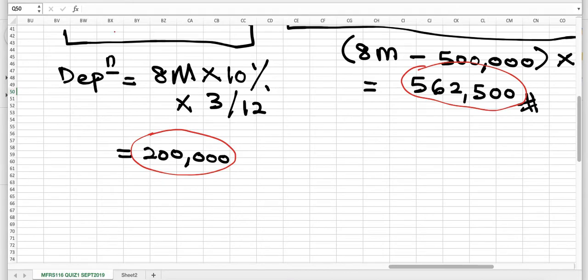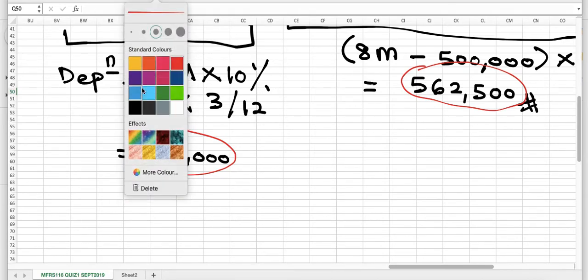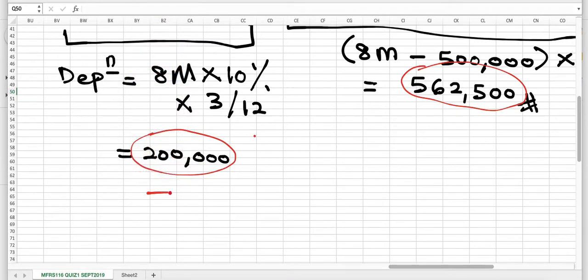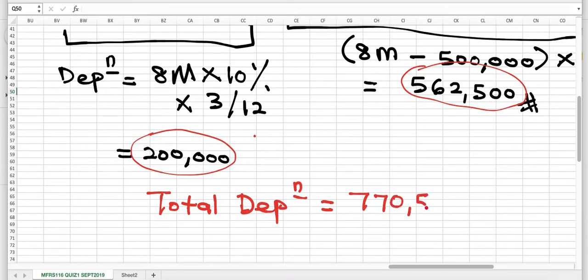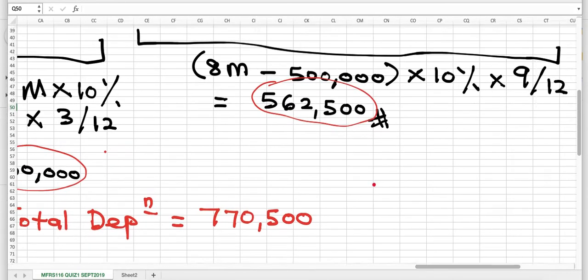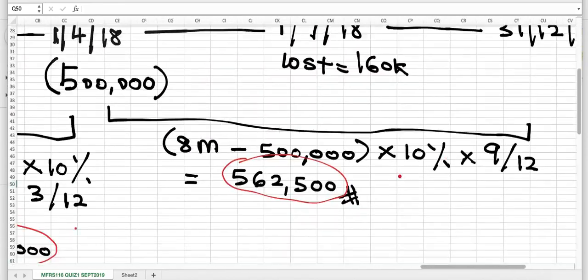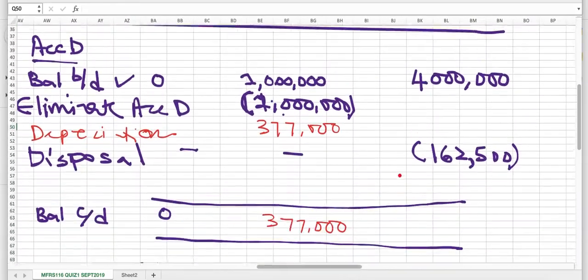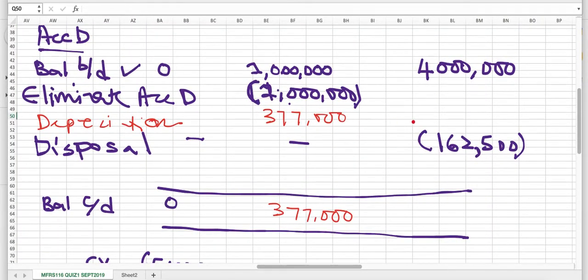Okay, so your total depreciation is, you add all these three, so you get 770,500. So that 770,500, put it here. Depreciation 770,500.